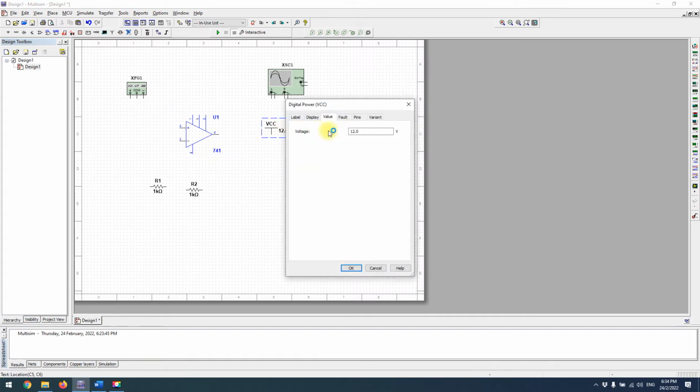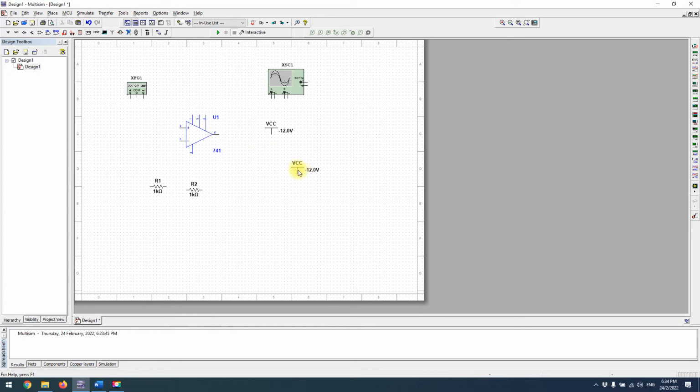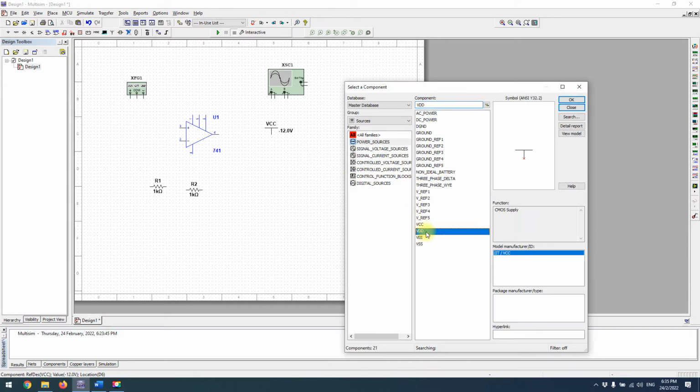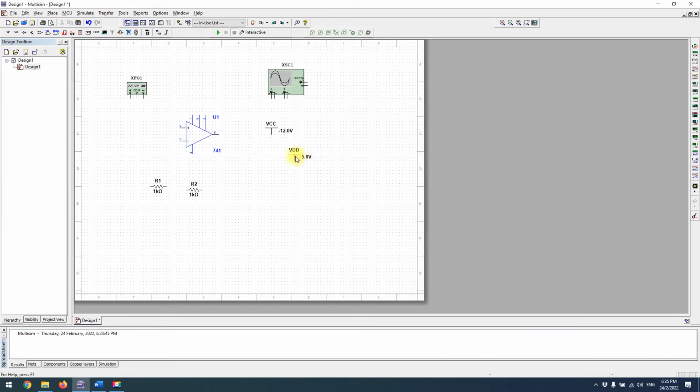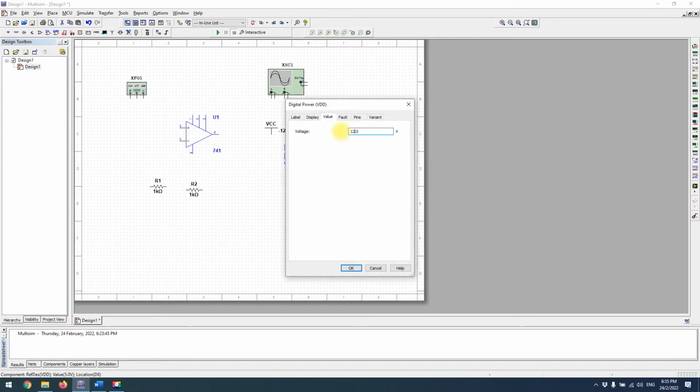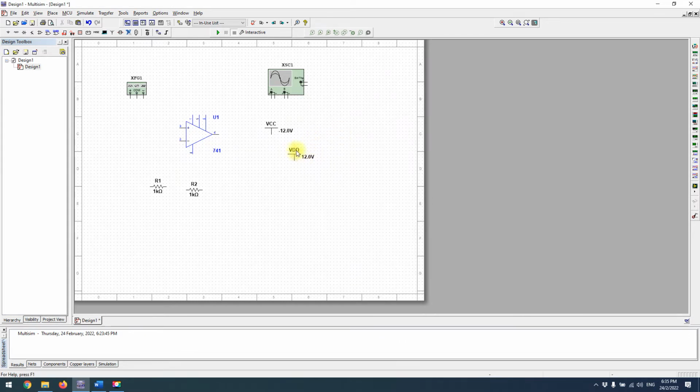What happens is that if I put a negative sign for this one, it will also appear here, because they are represented by the same label, VCC. So instead of using this same one, I'm going to call a different voltage source. This is VDD, right? For this one, I can just double click and change it to 12. So you see, it's fine.